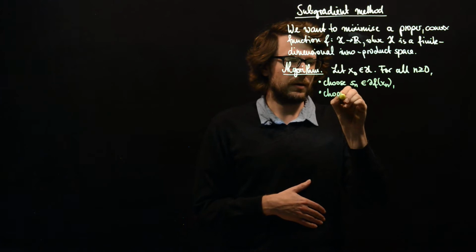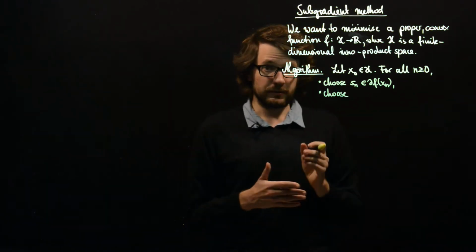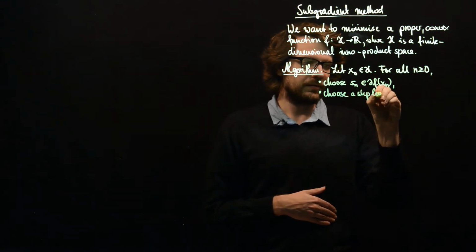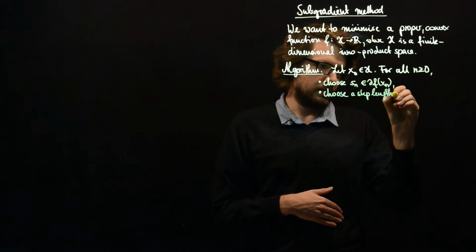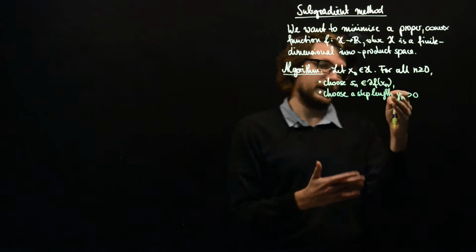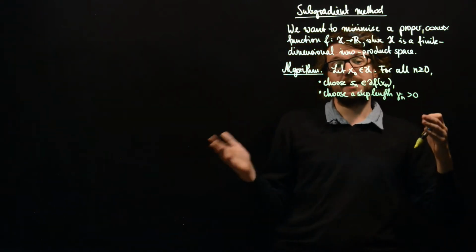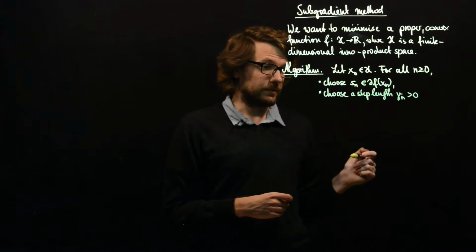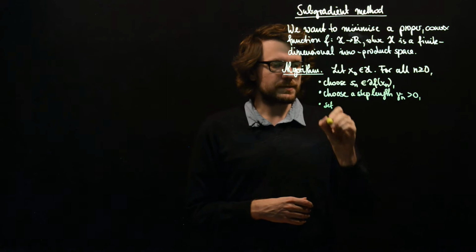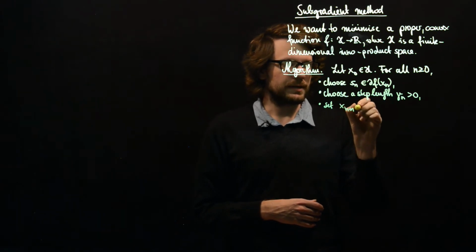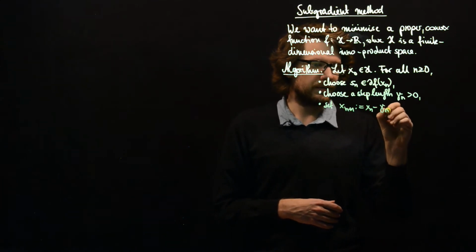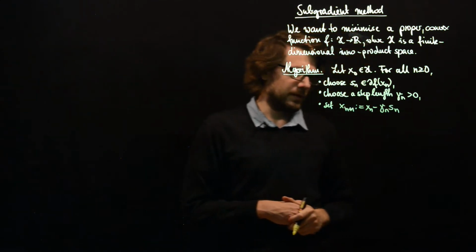Then this gives us our direction. So then we want to choose a step length. I call it gamma n greater than 0. Of course, this may in some way depend on sn or on xn or whatever you know about your function. And then we set our next iteration point as the old one minus the step length times the subgradient.